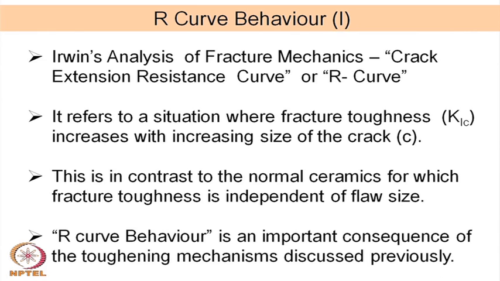R-curve behavior is an important consequence of the toughening mechanisms that we have just discussed. Primarily this behavior is observed where the ceramic materials have been toughened by some mechanisms.